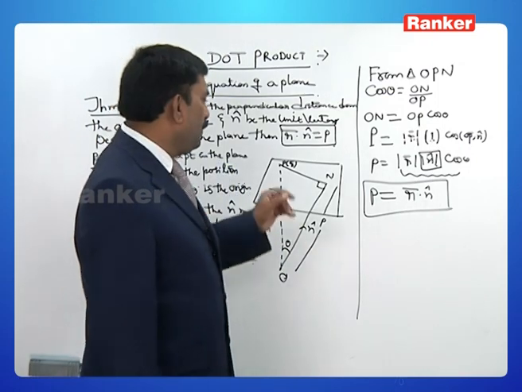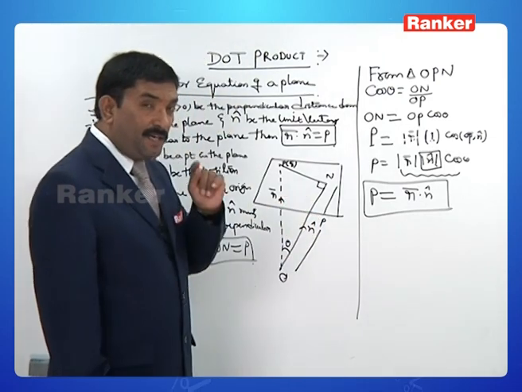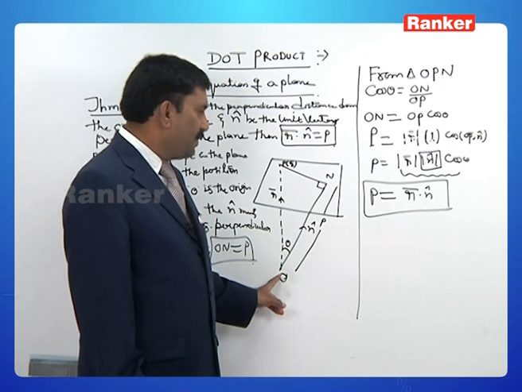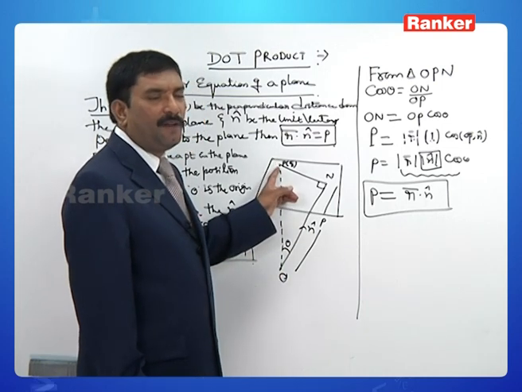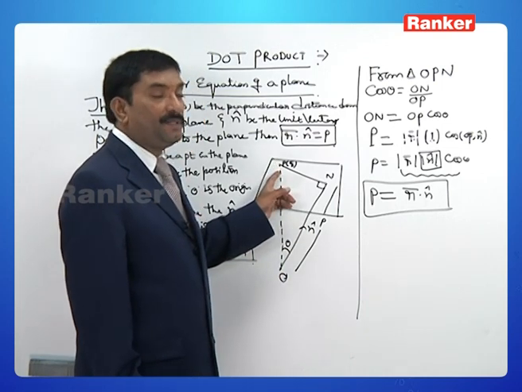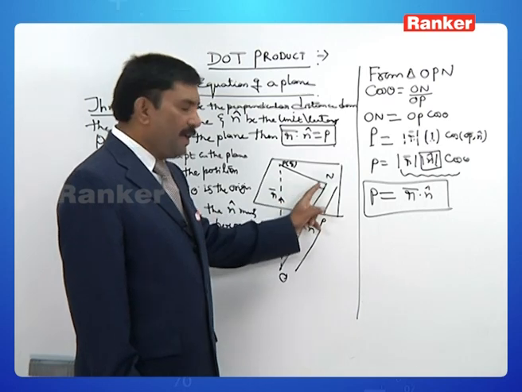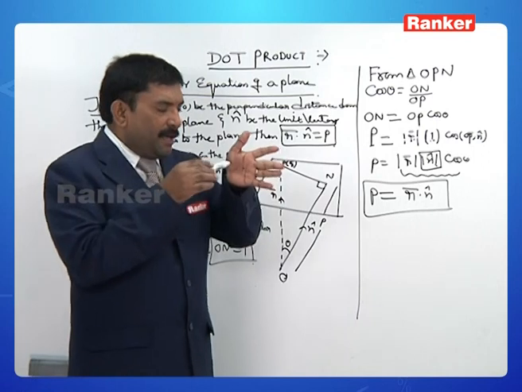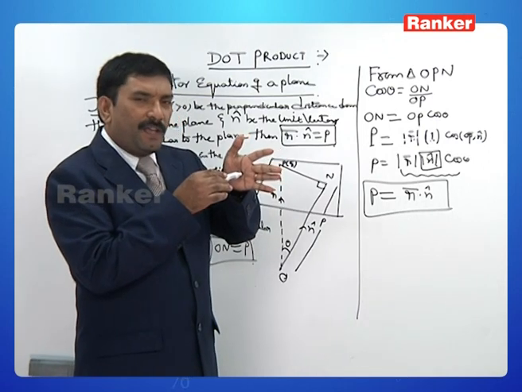Look here. Now from this figure, once again it's a very typical proof, try to understand. Let O be the origin, P be the general point in a plane, we have to represent through P. And N be the point in the plane where the n cap is meeting the plane.